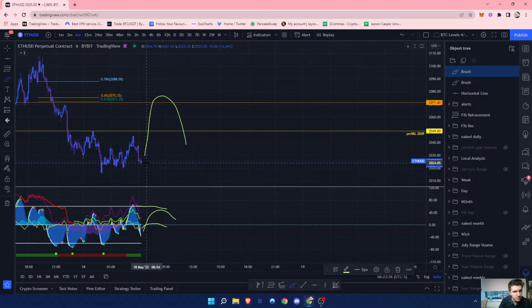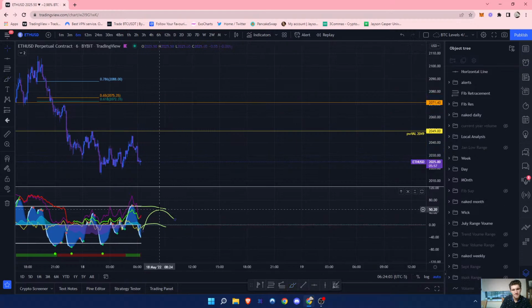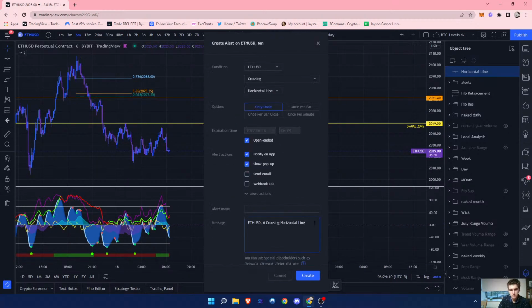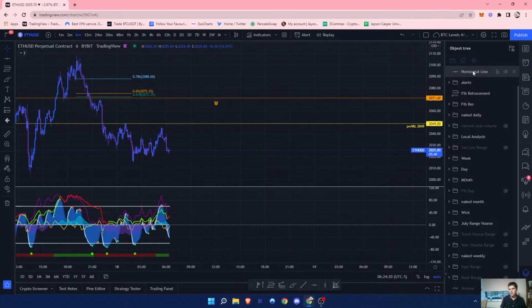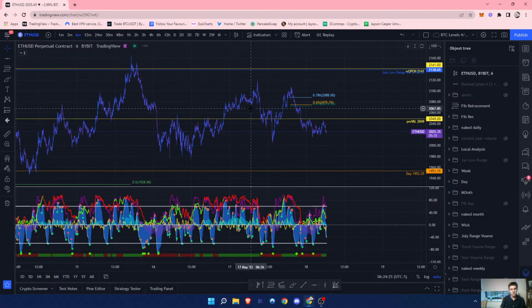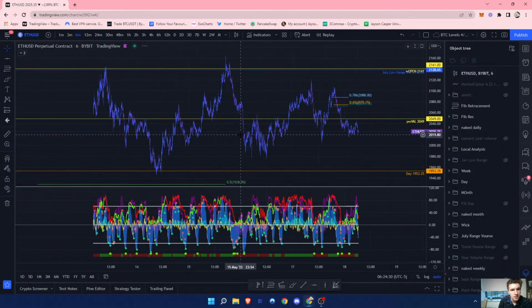Again, this price will probably need to stagnate a little bit more for that to happen, but yeah, exciting stuff. So we'll add my alert. But yeah, okay.